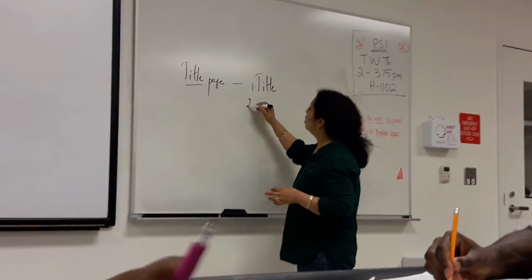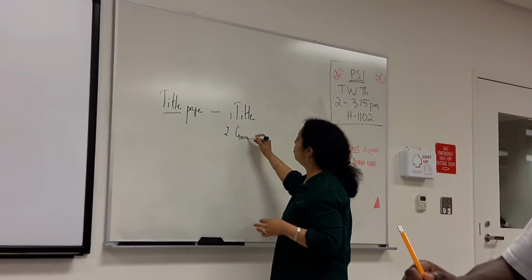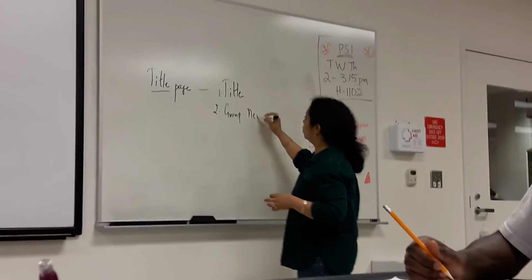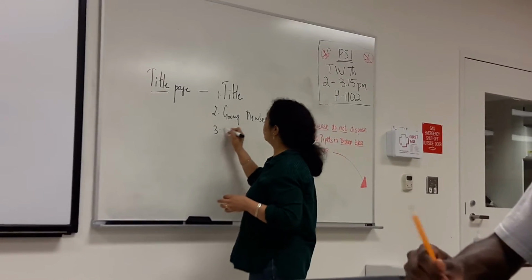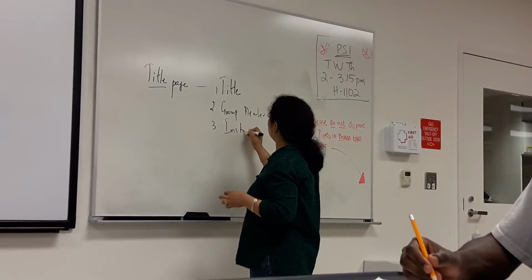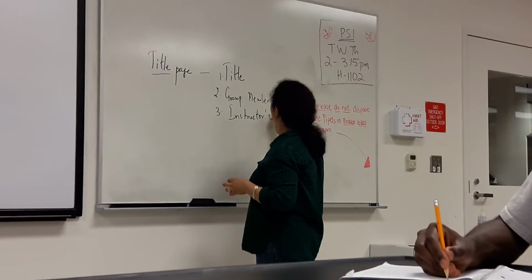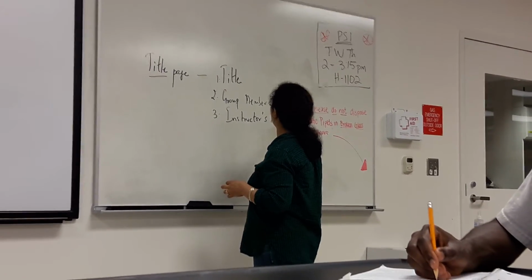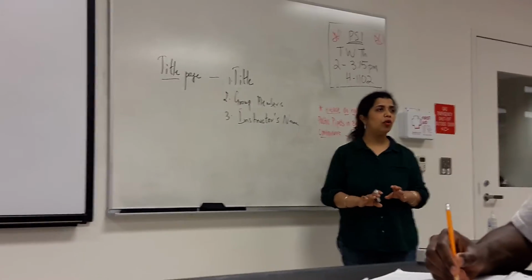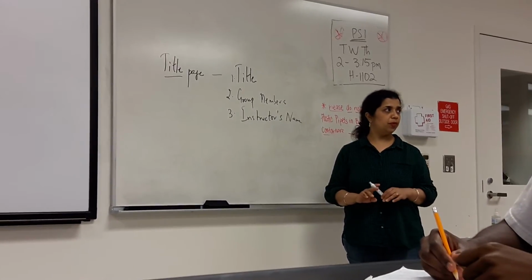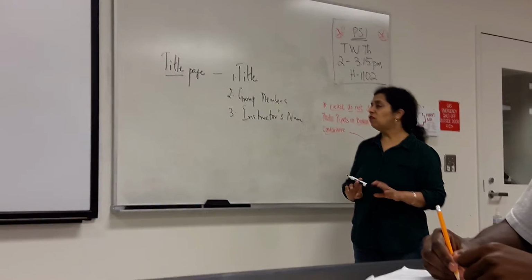First is the title, then the names of the group members, and third is the instructor's name. These are the 3 things which need to come on your first page. The first page is devoted only to the title, so you're not going to write anything else here. This is your title page.